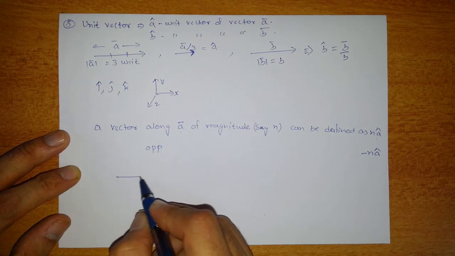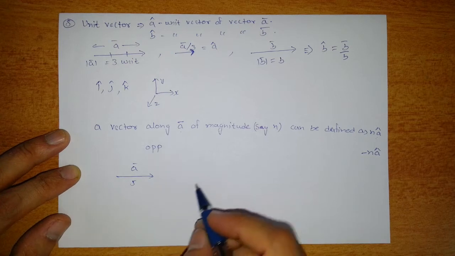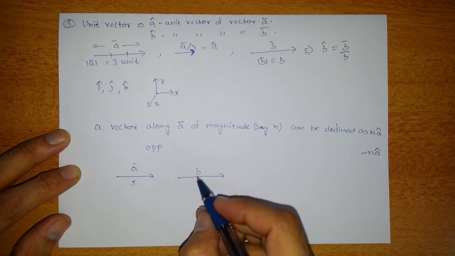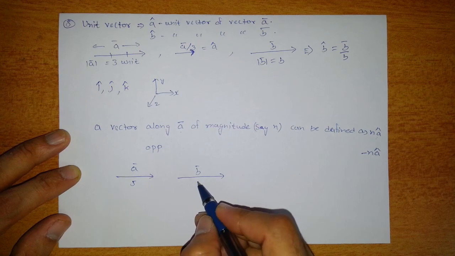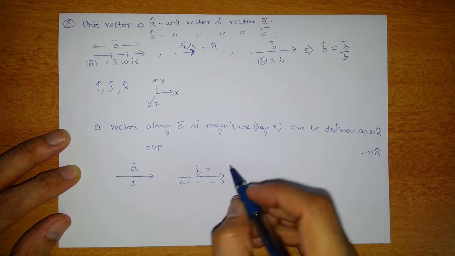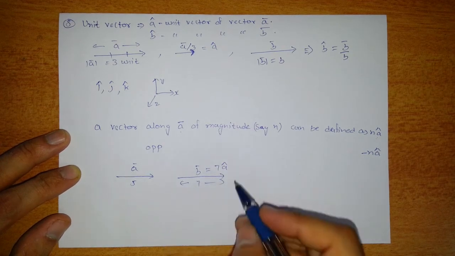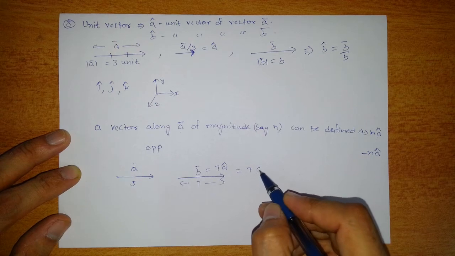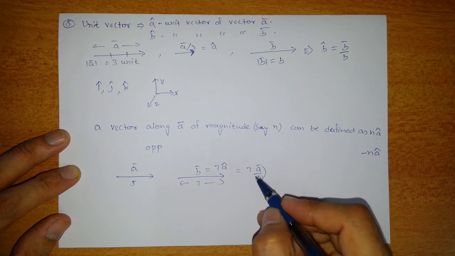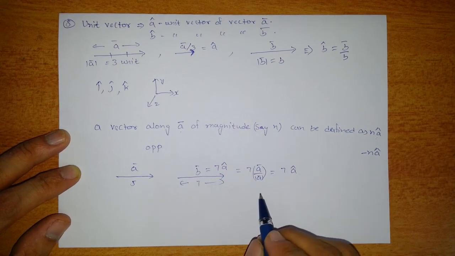For example, I have a vector of magnitude 5. Now I want to define a vector which is parallel to this but has a magnitude 7. So I'll say B is nothing but 7 times vector A divided by the magnitude of A, which is 5. So it is nothing but 7a cap.